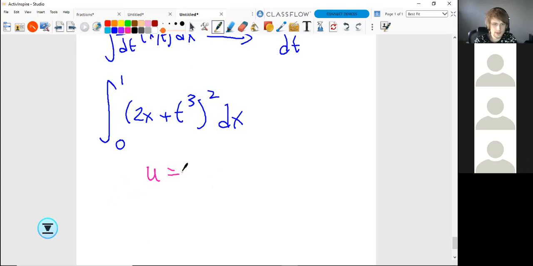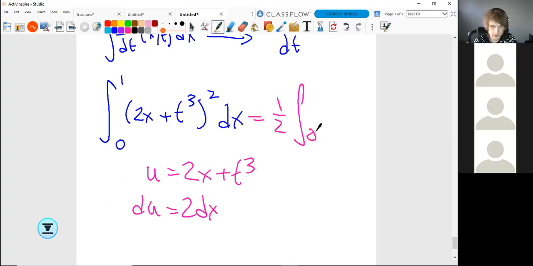So u is equal to 2x plus t cubed, du is equal to 2 dx. So this is equal to 1/2 the integral of u squared du.